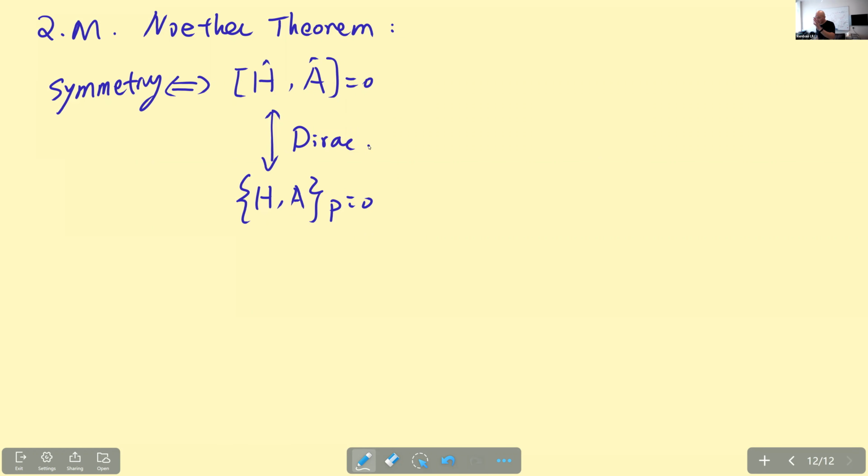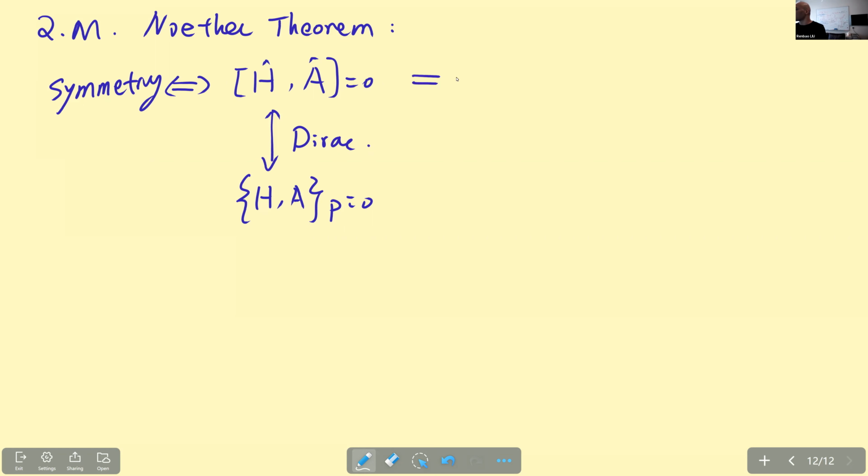Dirac established that if you have a Poisson bracket between the Hamiltonian and a physical quantity, or any two physical quantities, then corresponding in quantum mechanics, you should have the commutator between these two. So that's what Dirac derived.